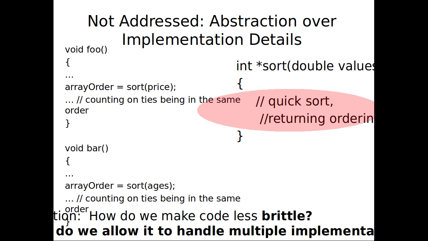So the question here is, how do we update sort for abstraction by specification? How do we update this without breaking these two places in the code? How do we update a sort routine to a faster sort without having some fear that it's going to break things in lots of places? That's the question.